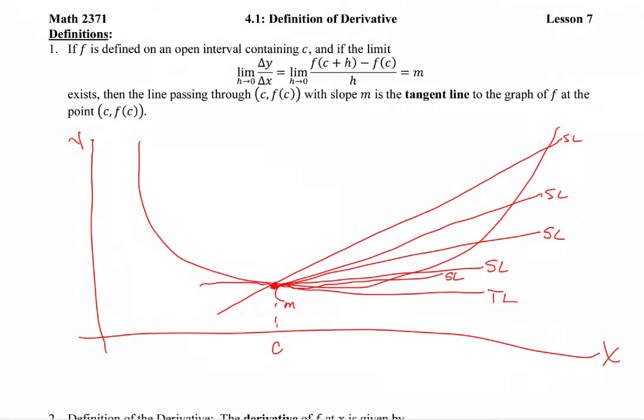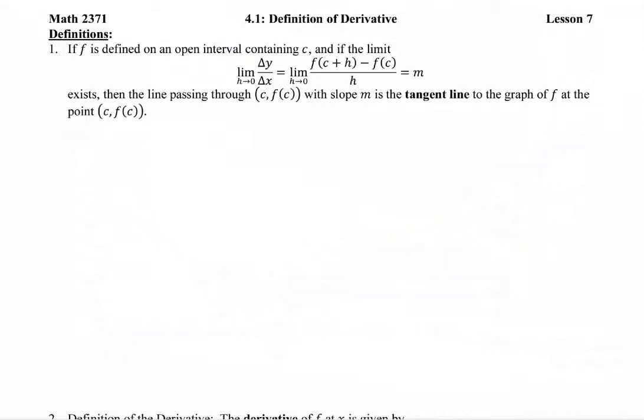Not the tangent line itself, but the slope. And that's what we're going to be finding, the slope of that tangent line.